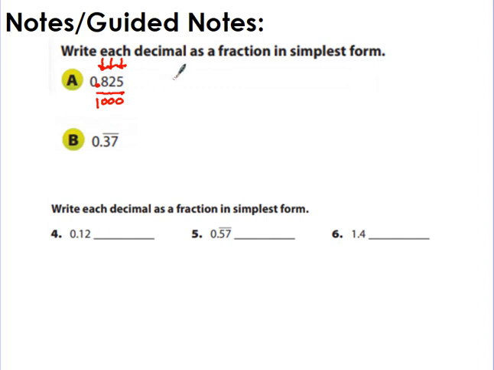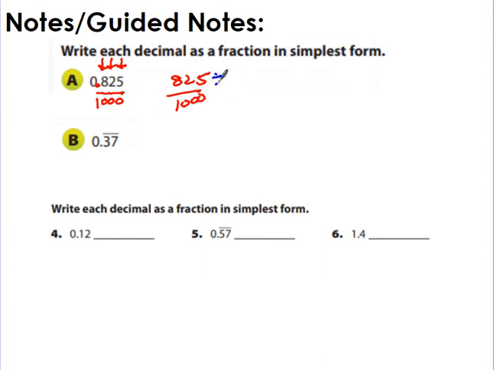So now it looks like 825 over 1,000. And then from here, I would just have to simplify. For simplifying this one, I know they have 25 in common.